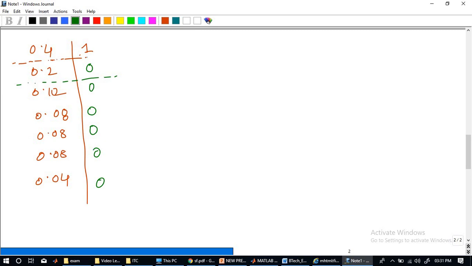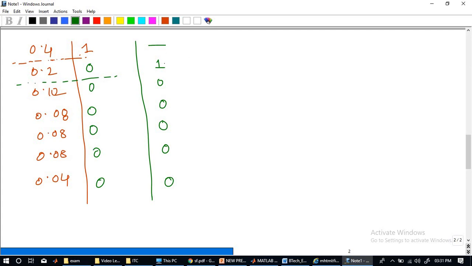So we'll keep this as 1, the rest as 0. The next step, this is not needed, so this is already done. So we'll have this as 1, and these are all zeros. So in this second step, what we are trying to do is dividing 0.2 and 0.12 and the rest into two halves.